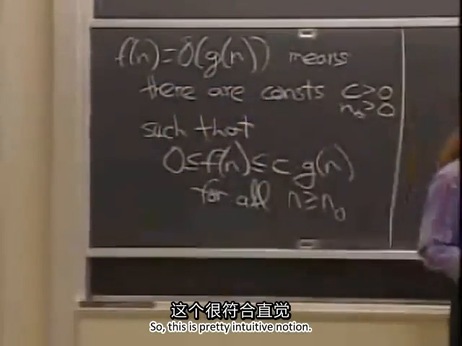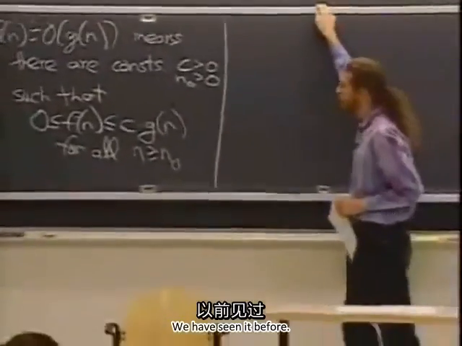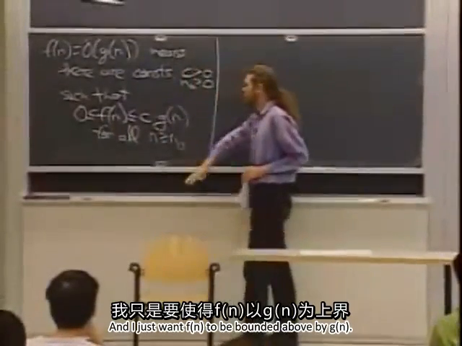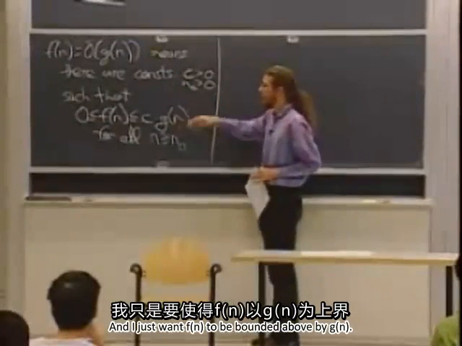This is a pretty intuitive notion. We've seen it before. We're going to assume that f of n is non-negative here, and I just want f of n to be bounded above by g of n.